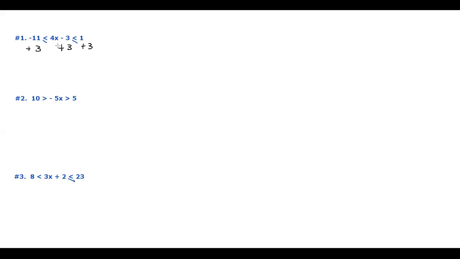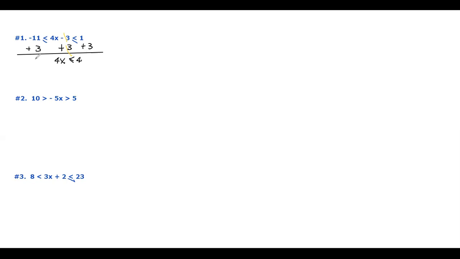It's just like we did before, right? So you add 3 here. Because of the plus 3, these two cancel, so you will have 4x less than or equal to 4.